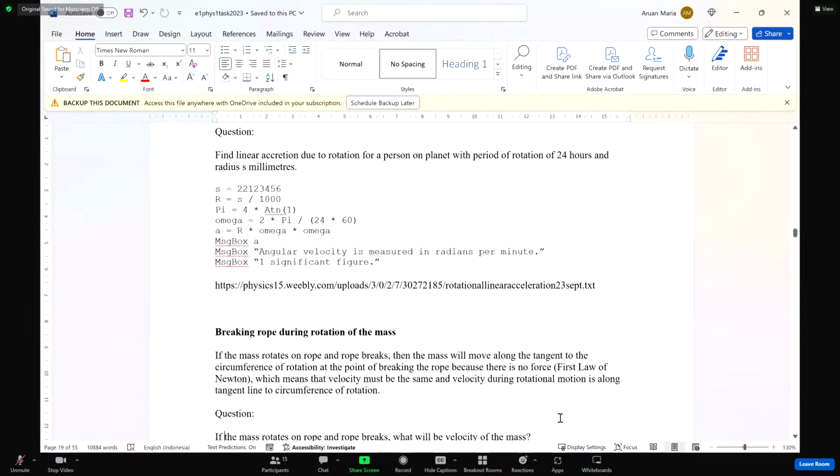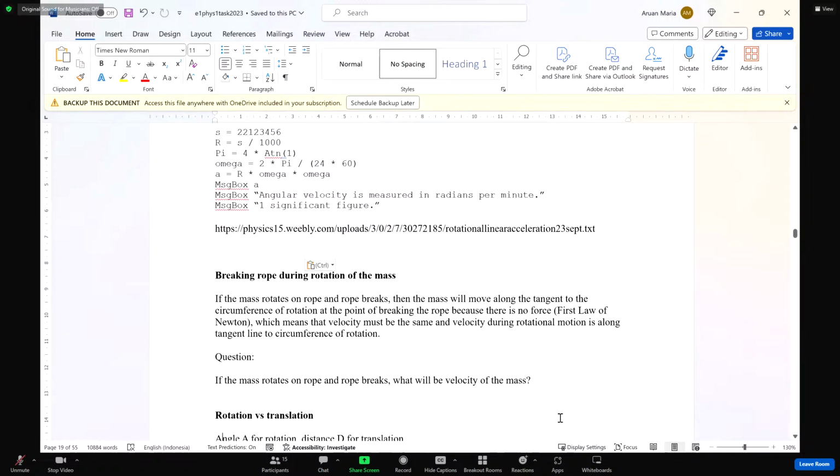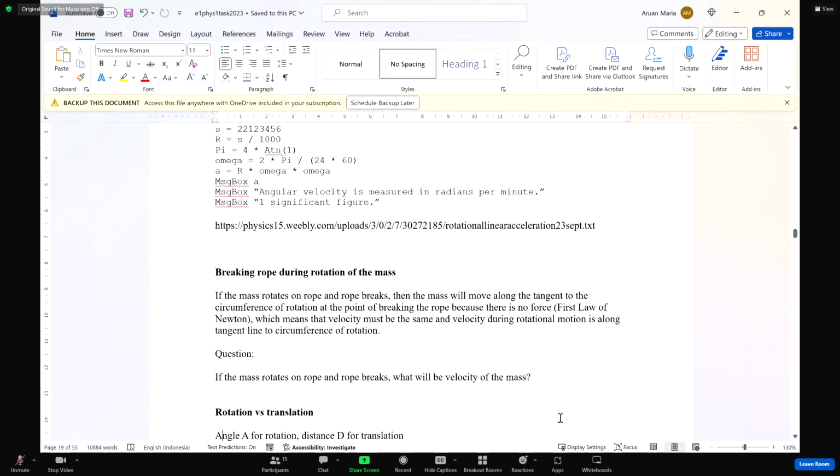Now, if you break the rope while rotating the mass, then the mass will continue in the tangential direction. So you removed all the forces, you removed all the torques. So moment of force is not applied. Momentum is constant.